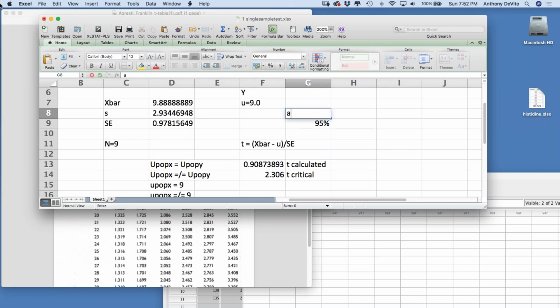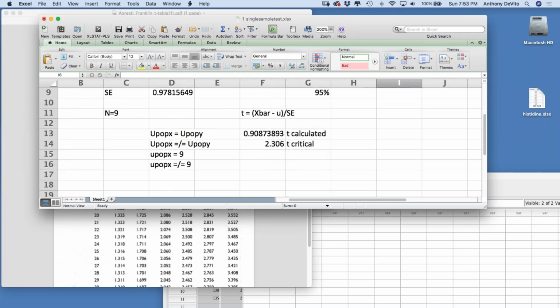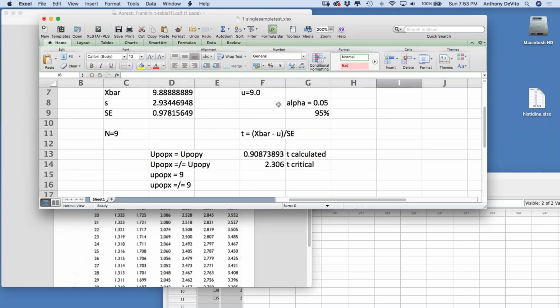And most of the time, we're doing the same thing as 95%. We're saying that we're willing to accept an alpha error of 5%, or 0.05. Okay, so really kind of saying the same thing, isn't it? So in this case, we failed to reject the null hypothesis.